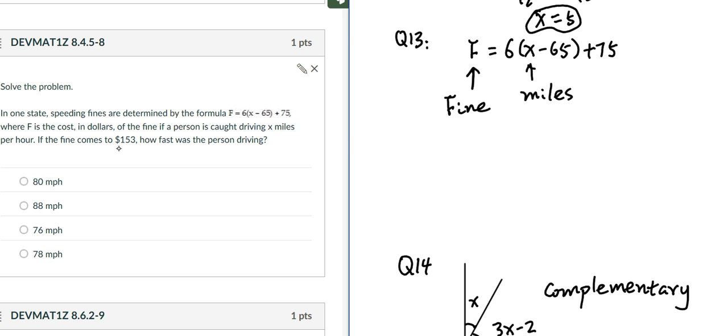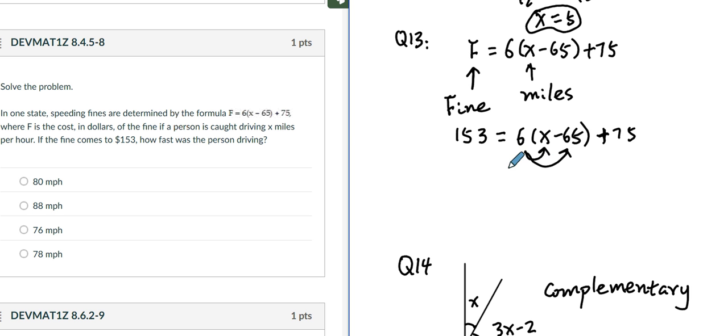If the fine comes to be this much, 133, then how fast was the person driving? So you end up with the number of the fine, which is 133. So you want to find out the speed. How fast was this person driving? It sounds like the police has to understand the equation. Okay.